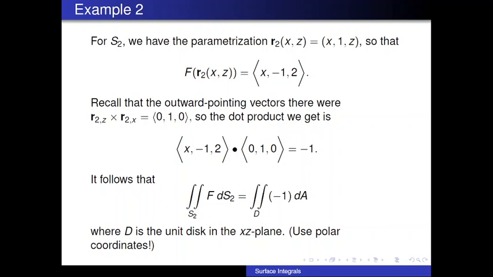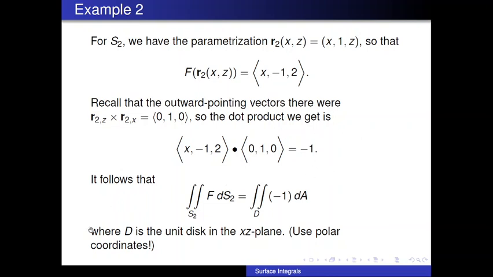And recall that the outward pointing vectors were those backwards cross product, r sub 2z cross r sub 2x, which if you do it out is just the unit vector in the y direction, 0, 1, 0. So now let's take the dot product of f of r2 with this cross product that's unit normal outward pointing, and we get just 0 minus 1 plus 0, which is just minus 1.